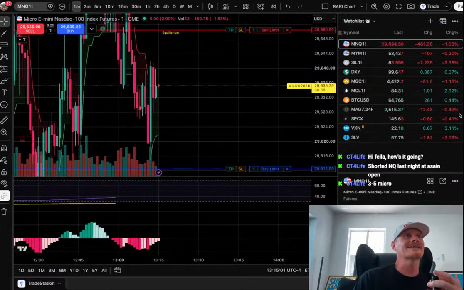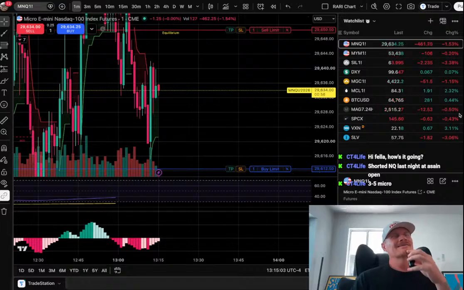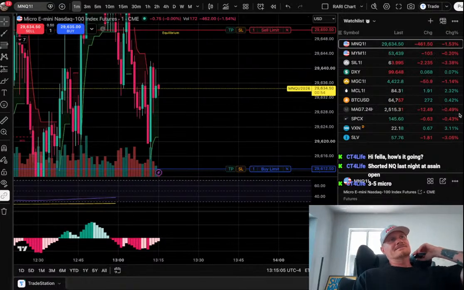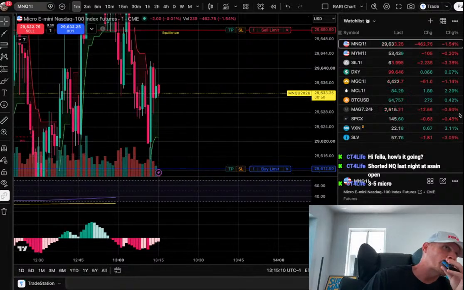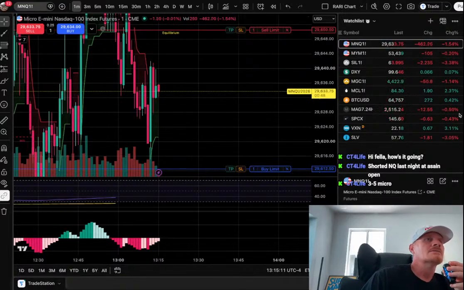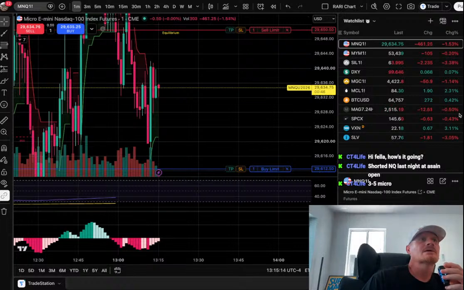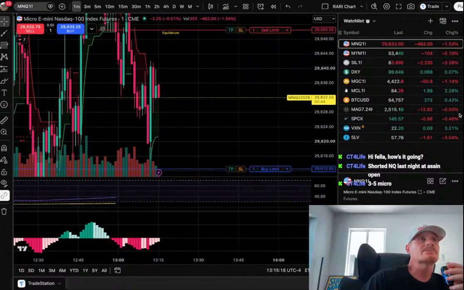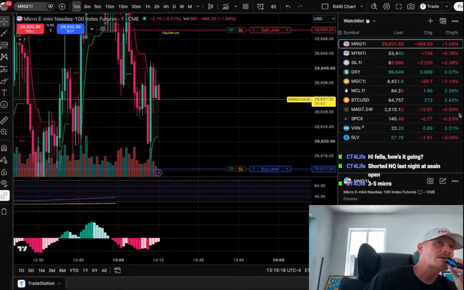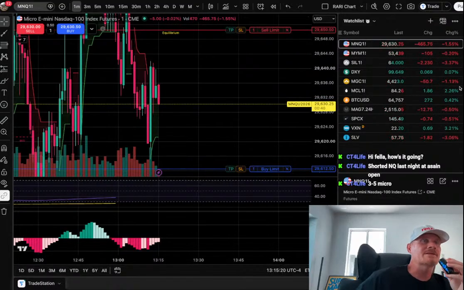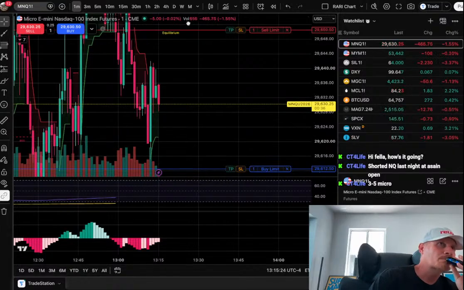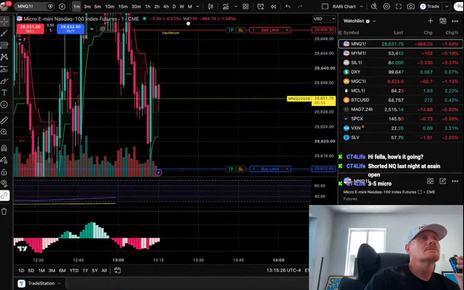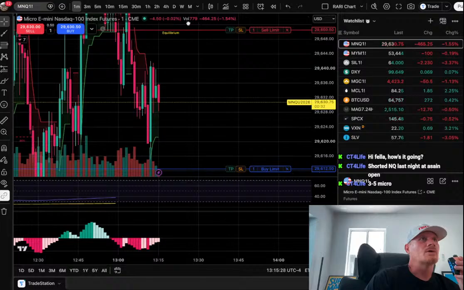Now it's like scared. I mean, obviously this is going to go up a little bit. It's going to go up beyond that green mammoth candle. I think the macro on the 1 minute is up, but we'll see.